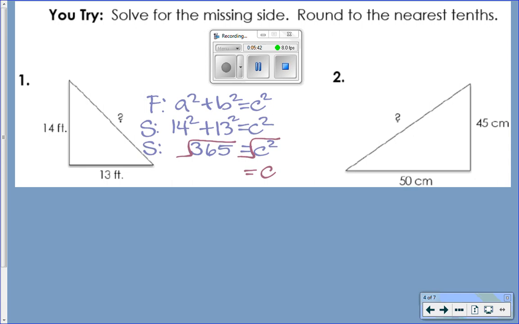And the square root of 365 to the nearest tenth is what? 19.1. You got it, 19.1 feet. Let's include our units. Good.